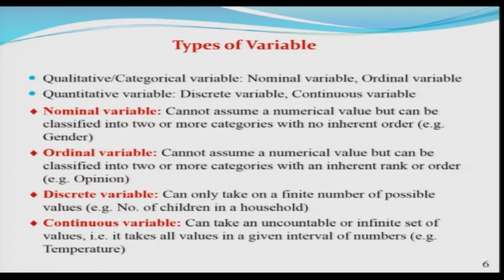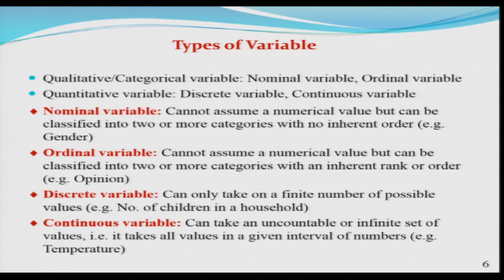Now, we are going to discuss about the subdivisions of qualitative and quantitative variables with examples. So, qualitative or categorical variables are basically of two types, either it is nominal variable or it is ordinal variable. Now, the quantitative variable is also of two types, discrete variable or continuous variable. Now, let us look at these four types of variable one by one with example.